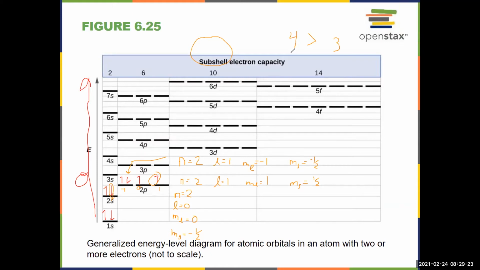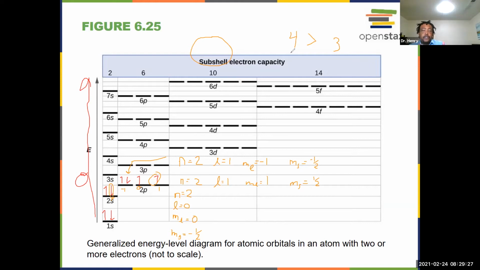So what does that mean? It means that even though the 3d is higher in energy than the 4s, we're going to remove from the 4s first because of its location. It'll be easier to remove from the 4th level, because of the attraction, than going across to the 3rd level, even though the 3rd level is higher in energy.